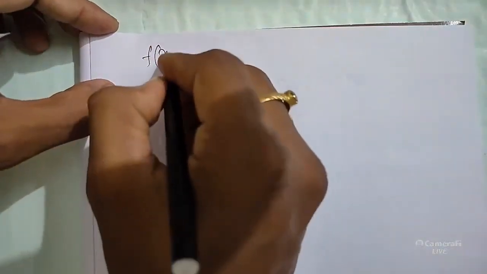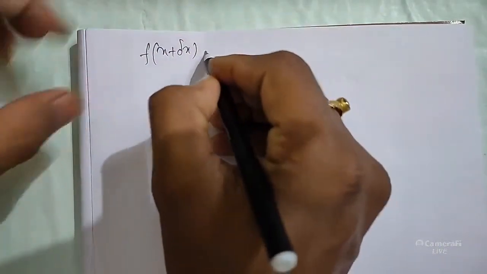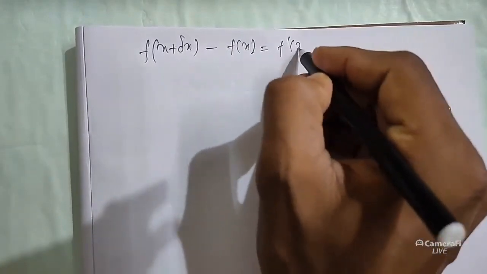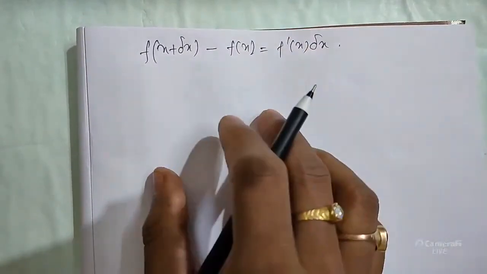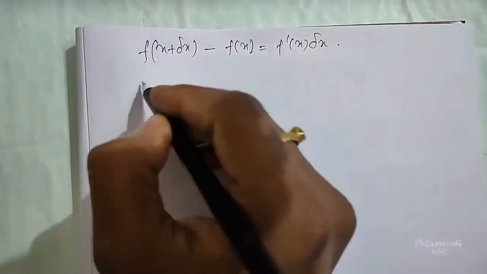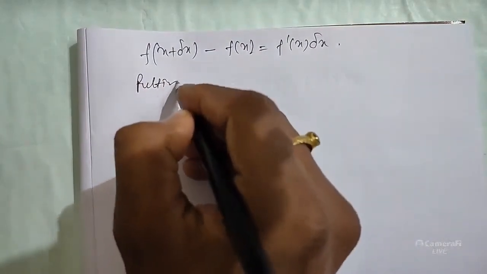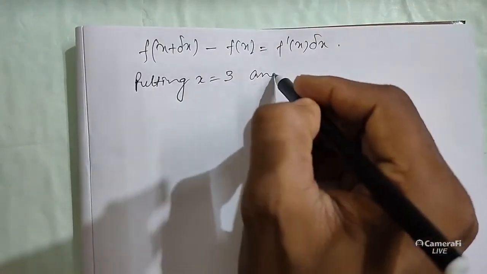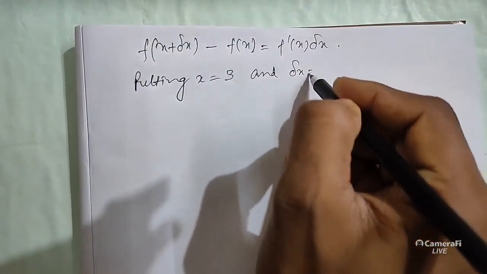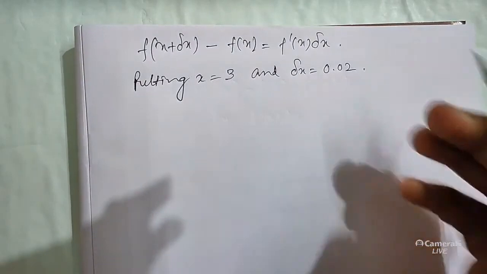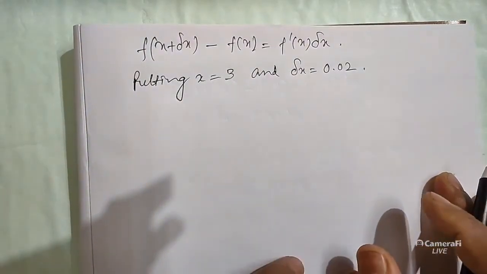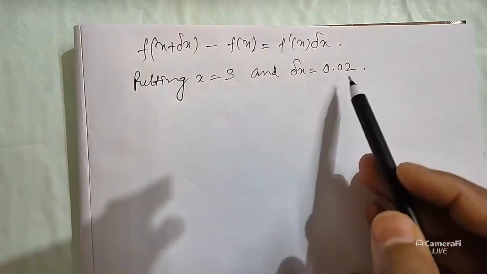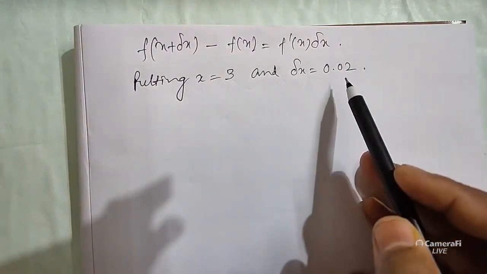We know that f(x plus del x) minus f(x) is equal to f dash x del x. Now putting x equals 3 and del x equals 0.02, because f(3.02) we have to find, we are breaking it like this, 3 plus 0.02.